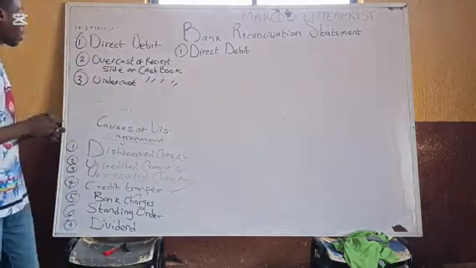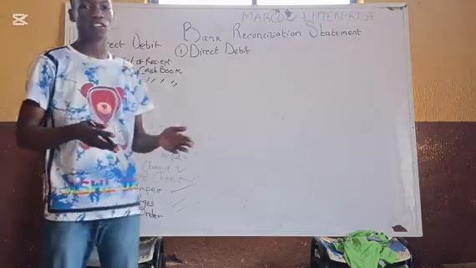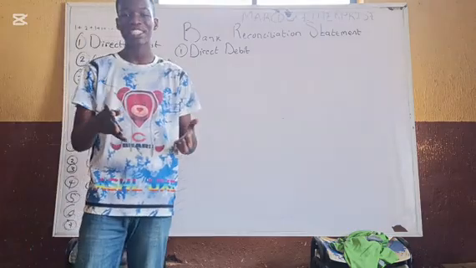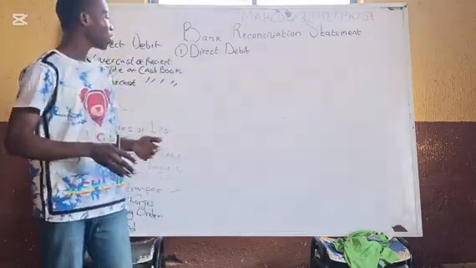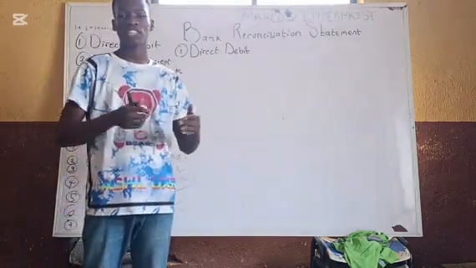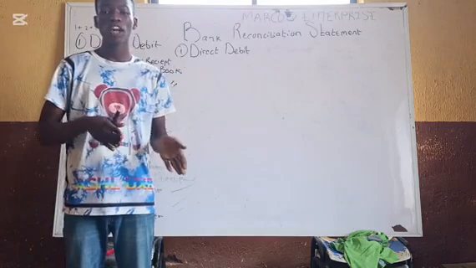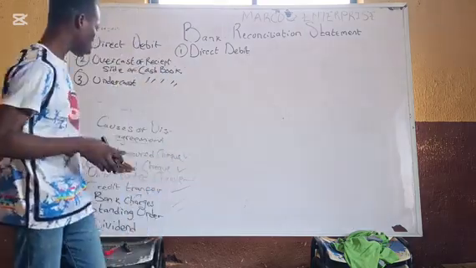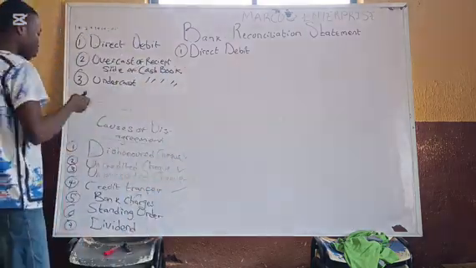Do you get? When you are trying to balance the cash book and you undercasted the amount, it means that, for instance, you are expected to record 500, but you recorded 20 naira. So you have undercasted the amount. So this also will lead to disagreement.